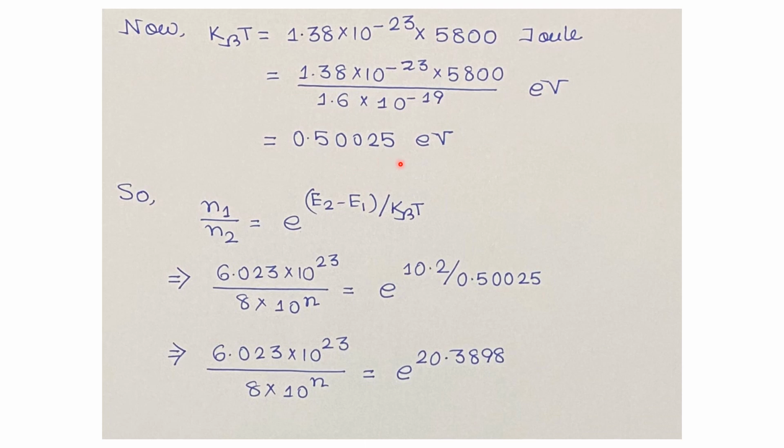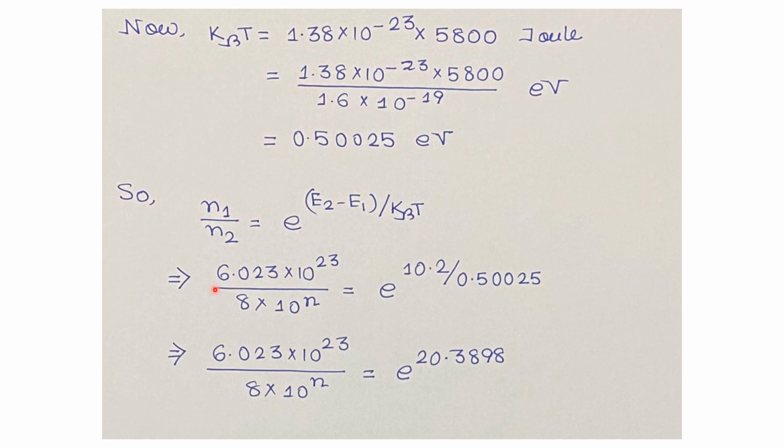So this kBT value in electron volt will be 0.50025 electron volt. Now we will use the equation coming from the Maxwell-Boltzmann distribution, that is n1 by n2 equals e to the power (E2 minus E1) divided by kBT. So we will put the values of n1, n2, E2 minus E1 and the kBT value.